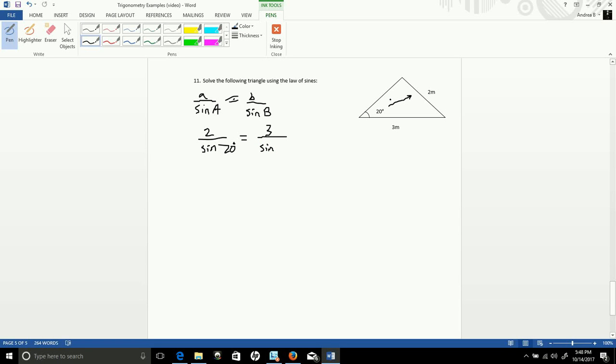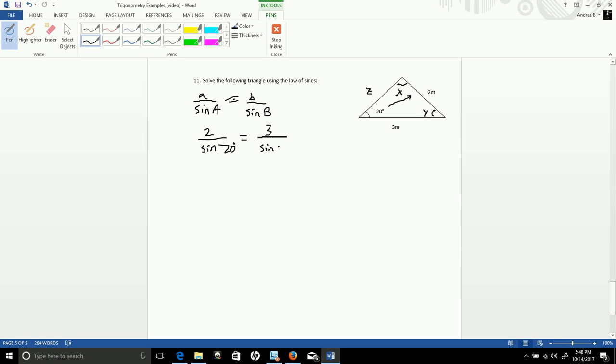So let's call that angle X, and we could call this one angle Y, and maybe we'll call this side Z, just so that way we can label those, since they were not already labeled in the triangle.